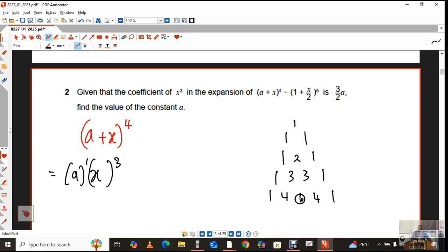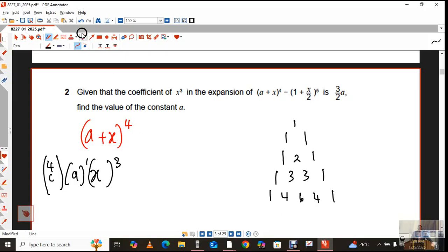So we are now looking for the coefficient of what is going to be here. That is from your binomial theorem. So this is n choose what? It has to be 4 choose something.